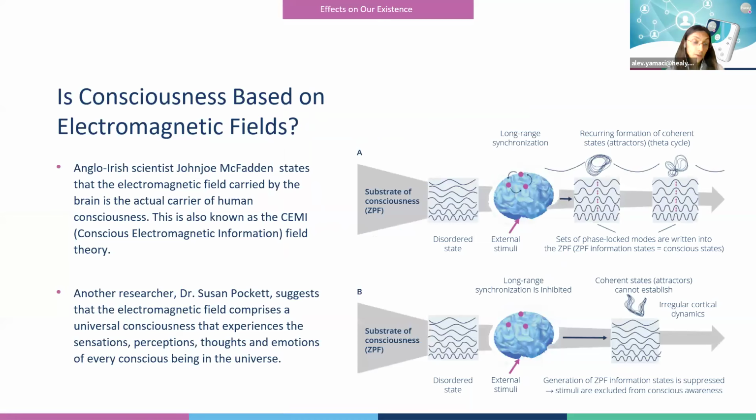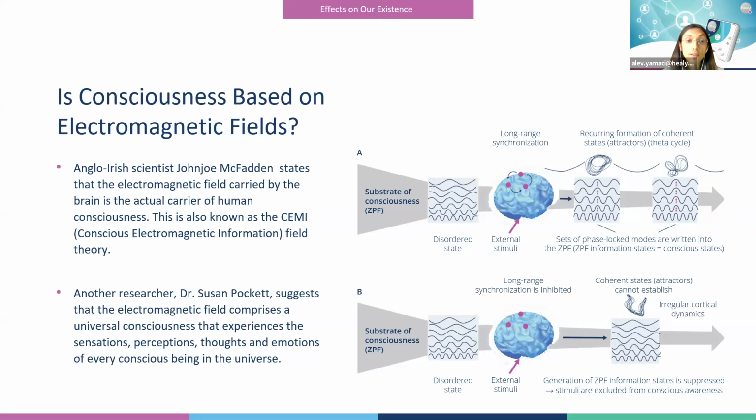Now we go a little further, and I don't want to deep dive on this because we have lots of other things to cover. So is consciousness based on electromagnetic fields? There's this Anglo-Irish scientist, McFadden, that states that the electromagnetic field carried by the brain is the actual carrier of human consciousness.